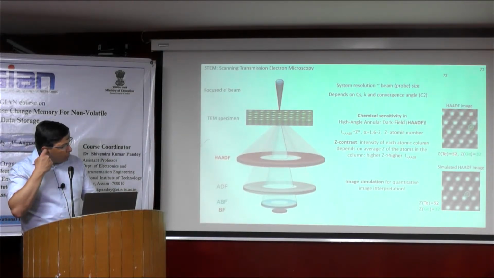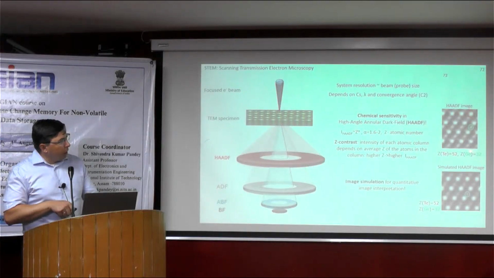So if we look at germanium telluride in this case, the atomic number of germanium is 32, of tellurium 55, and so we have here bright atomic columns coming from tellurium, and these atomic columns which come from germanium.